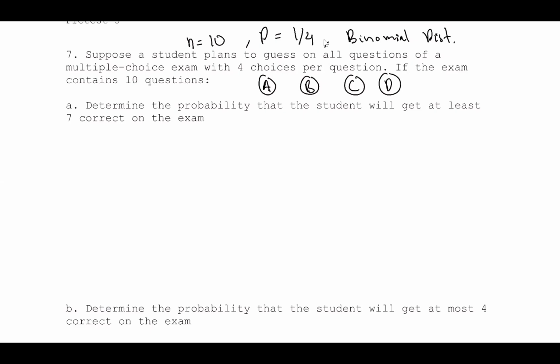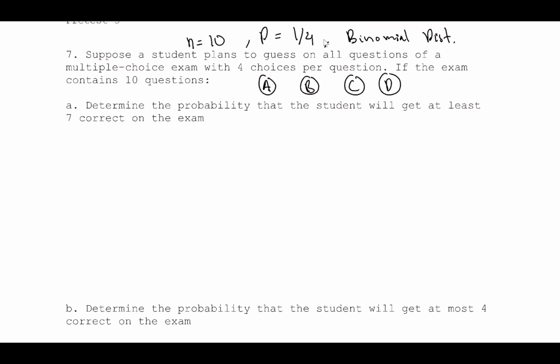And the reason why it's a binomial distribution is because they tell you how many times they're doing the trial, and they tell you the probability of that trial being a success. So the probability of the trial being a success is 1 out of 4. So the probability of the trial being a failure will be 3 out of 4. Any question on how we identify this to be a binomial distribution?